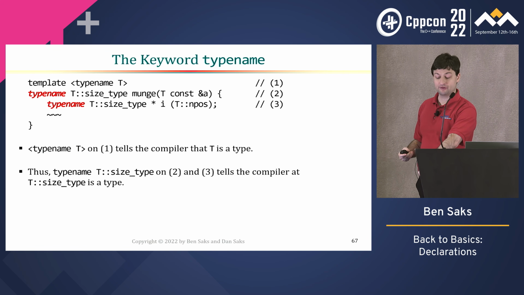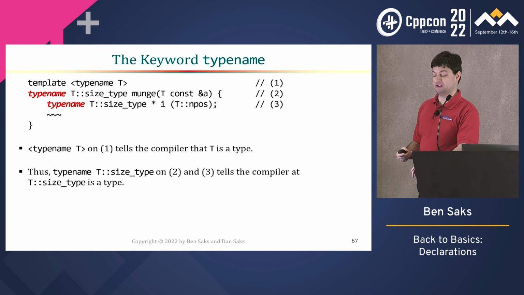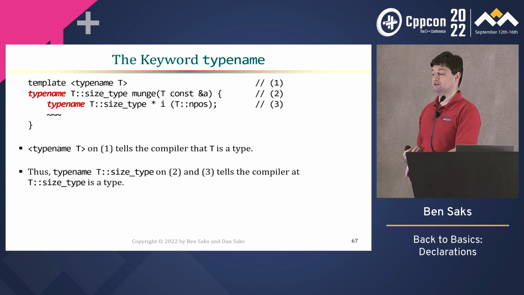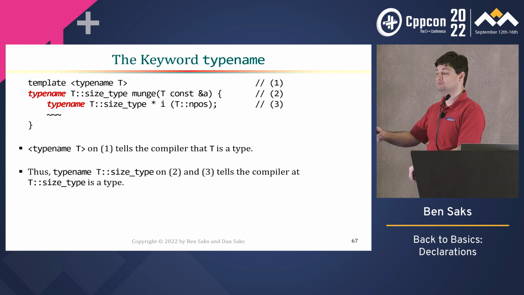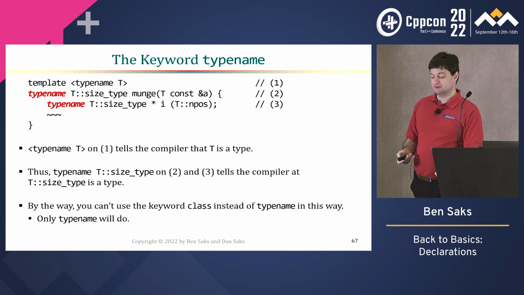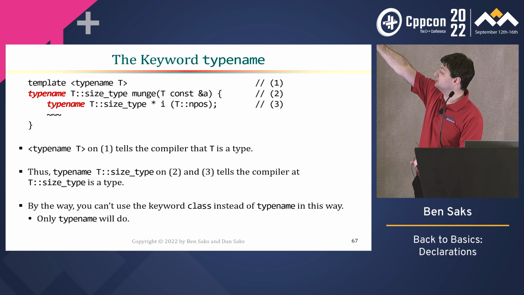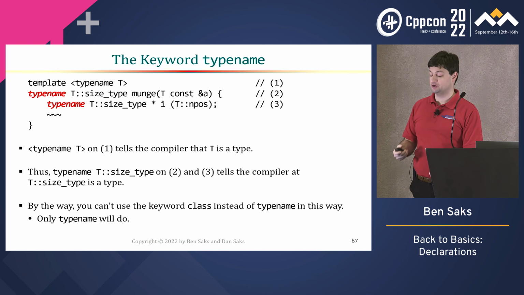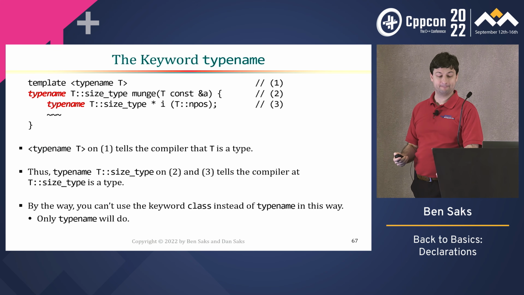Whereas on lines 2 and 3, the keyword typename there is making it clear that we intend for T::size_type to be considered a type name. So we can substitute the keyword class on line 1, but not on lines 2 and 3. Only typename will do there.